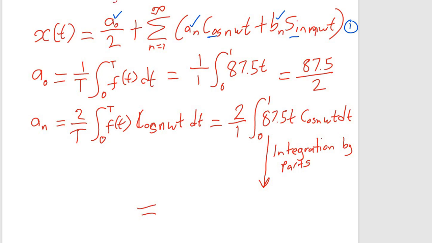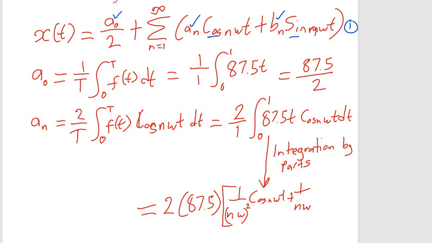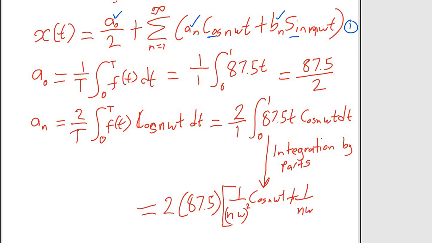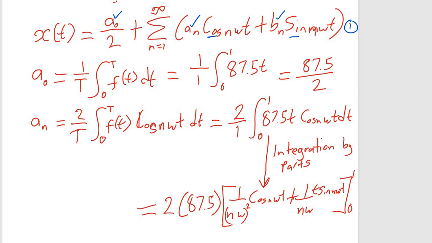An is going to be equal to 2, bracket, 1 over n omega squared cos n omega t, plus 1 over n omega t sine n omega t, close bracket, with limits 0 to 1.